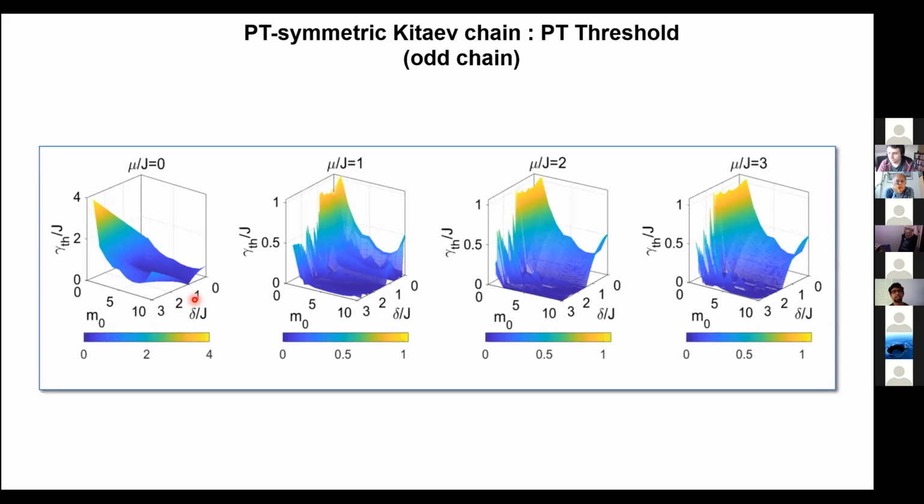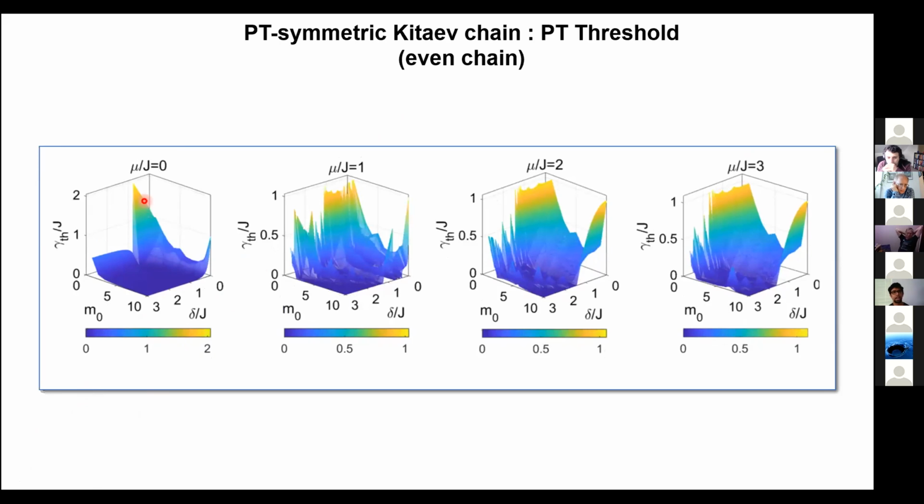You see a striking difference between the odd chain and the even chain. Here in the odd chain, what we found was that at the edges, the threshold increases as you increase the superconducting coupling and saturates after a while.